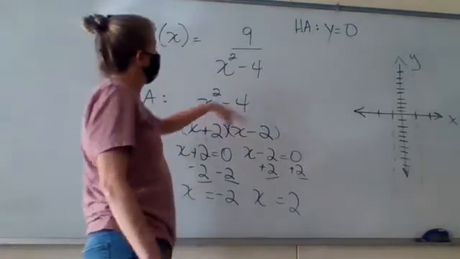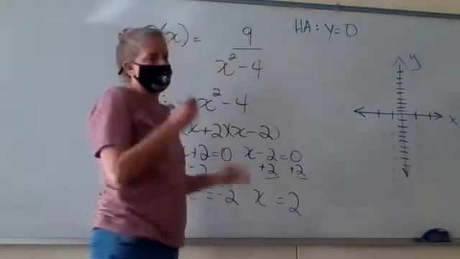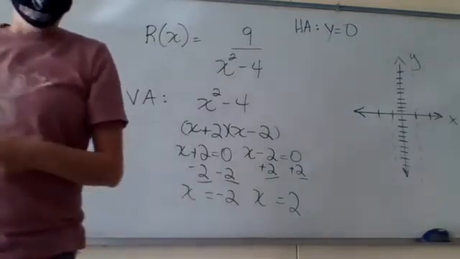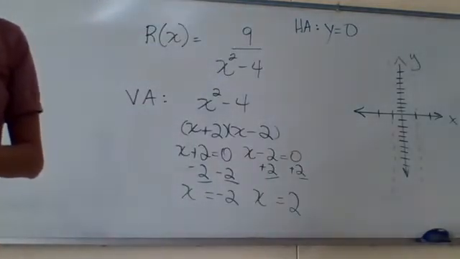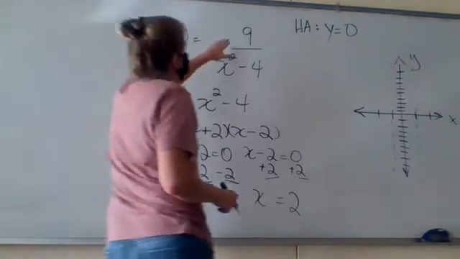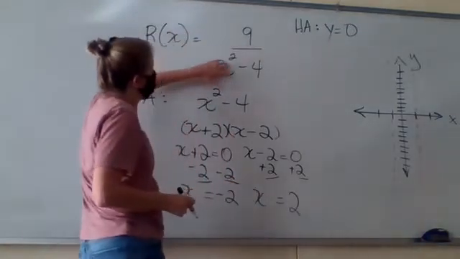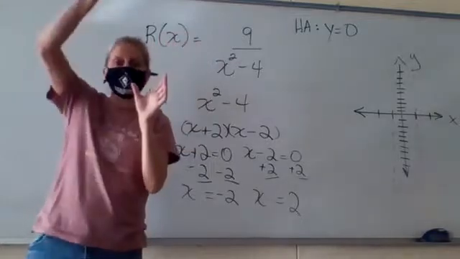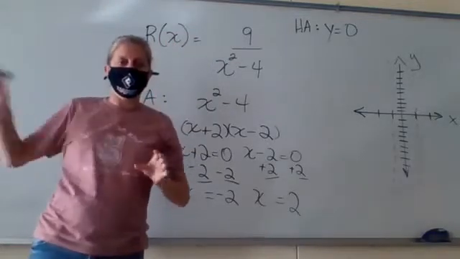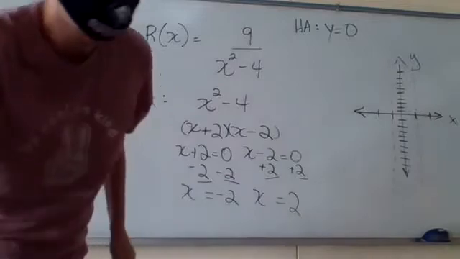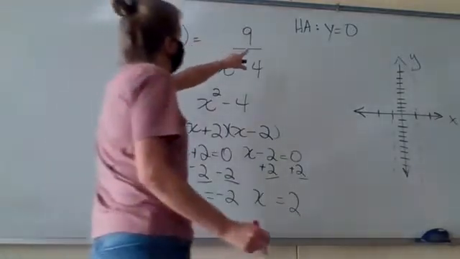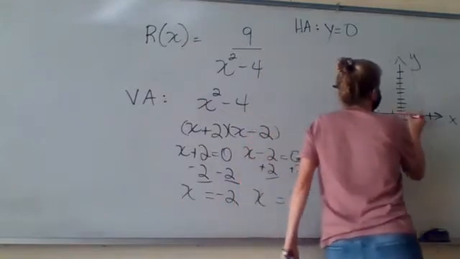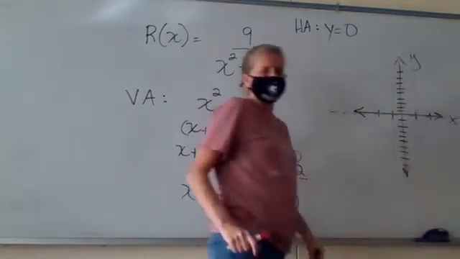If the degree of the top is greater than the degree of the bottom, then there is no horizontal asymptote. If the degrees are equal in the top and the bottom, that's when you look at the coefficients of the leading terms, and it's whatever that fraction is. We'll see one of those in just a minute. So the horizontal asymptote of this one is at y equals 0.